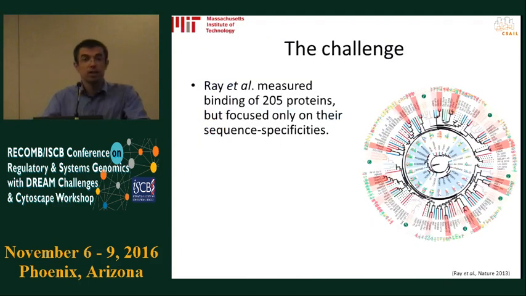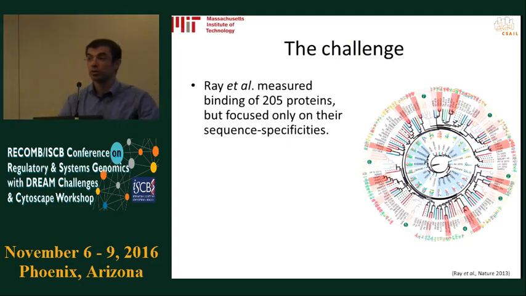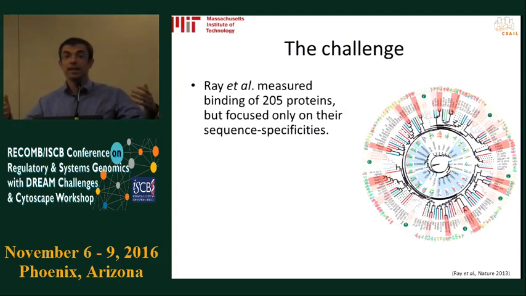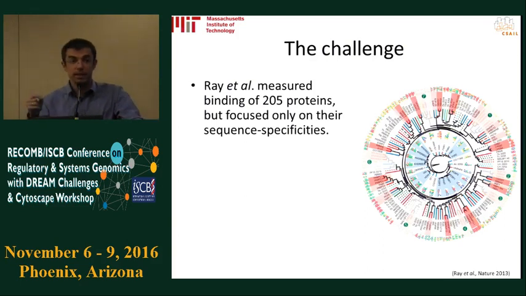So now what is the challenge that we want to tackle in this study? Three years ago a Nature paper came out from Tim Hughes's lab, Ray et al., that measured the binding of 205 proteins. So this was the largest scale dataset of protein-RNA binding measurements. But in this study and in following studies that look at this data, they only focused on the sequence preference of these proteins.